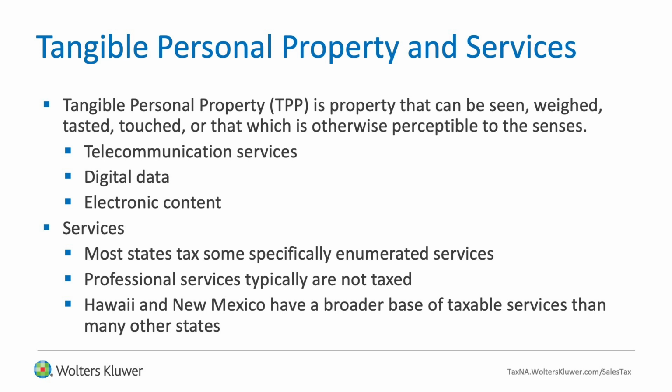The interpretation of what TPP is going to vary from state to state. An example of this is the case of downloaded software. So it's important to understand how the states define tangible personal property, because some of the things like these electronic content items are up to interpretation. So really understanding what the states define them as is important.